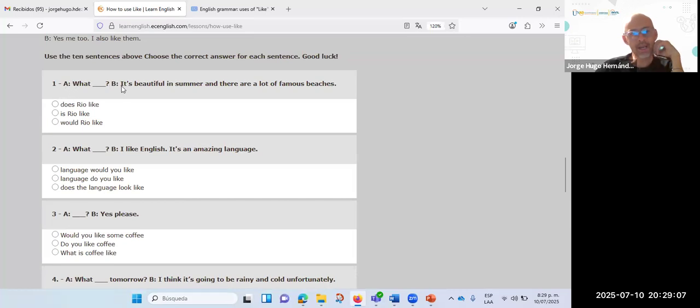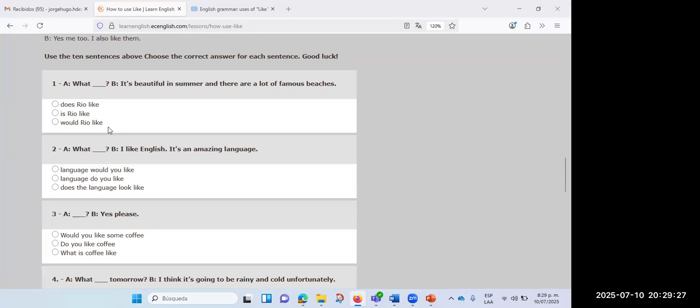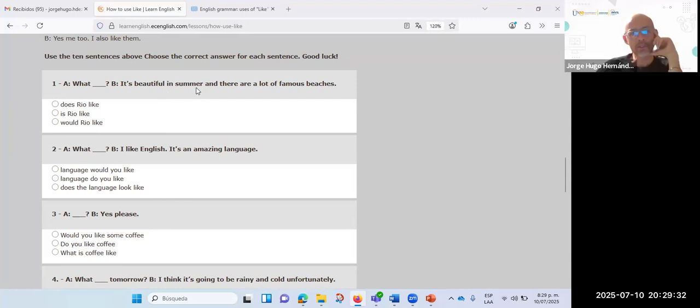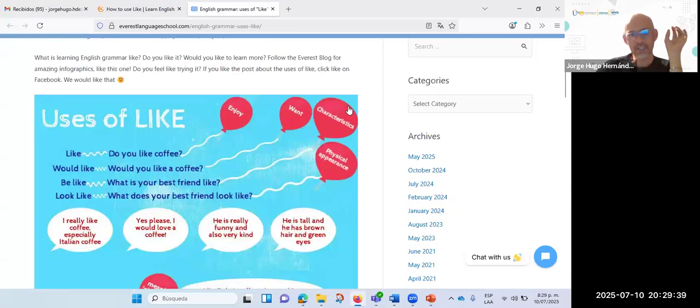Here we have a question, and the answer is, it's beautiful in summer, and there are a lot of famous beaches. Valentina Quintero, what do you think? What is the correct one? What does Rio like? What is Rio like? Or what would Rio like? What is Rio like? Here we are talking about general characteristics.